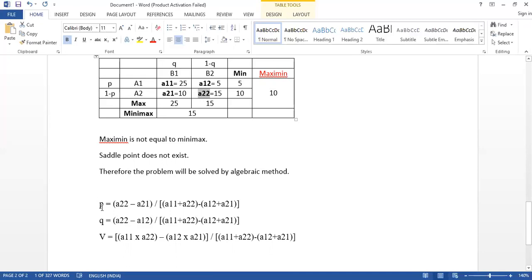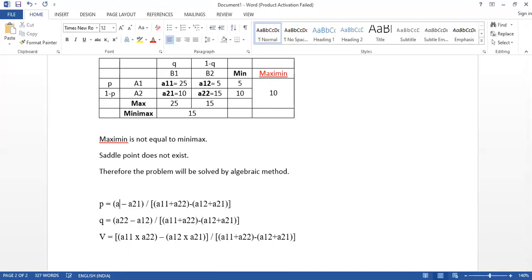Sure. So we'll try to calculate the P value. A22. Where is A22? It is 15. So I'm eliminating A22. 15 is here. A21 is 10. A11 is 25 plus A22 is 15, minus A12 is 5 plus A21 is 10.